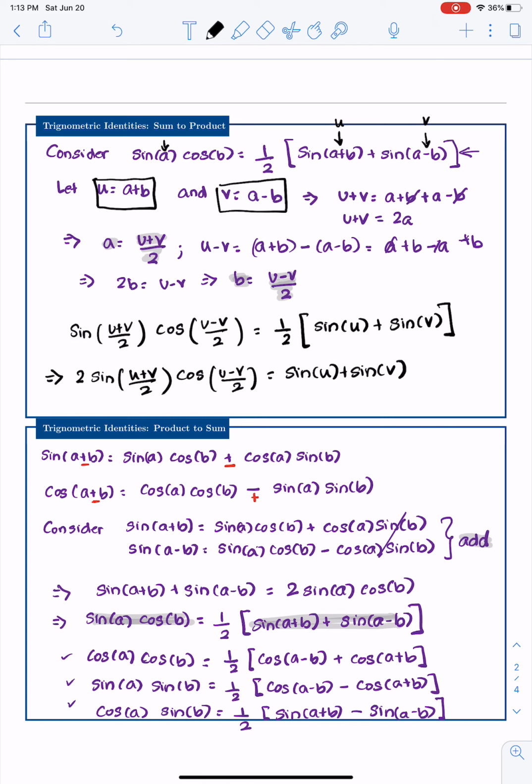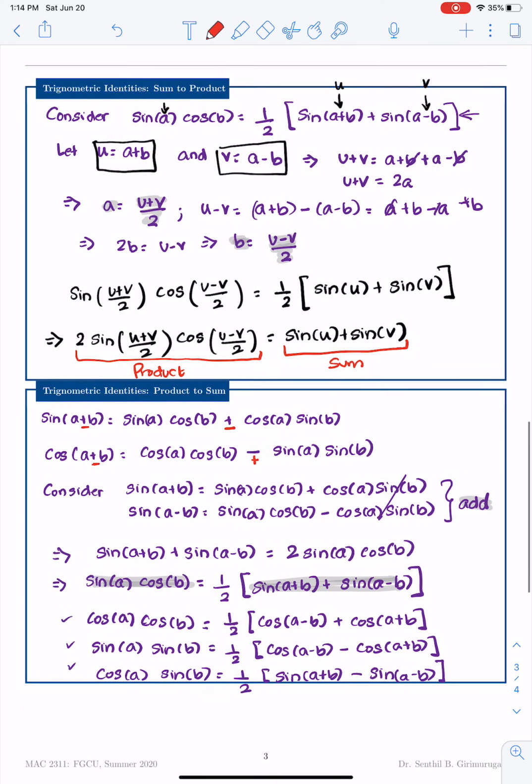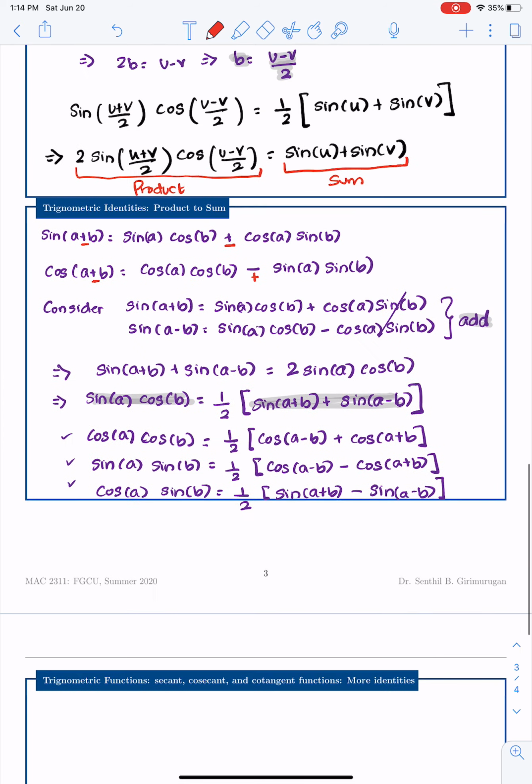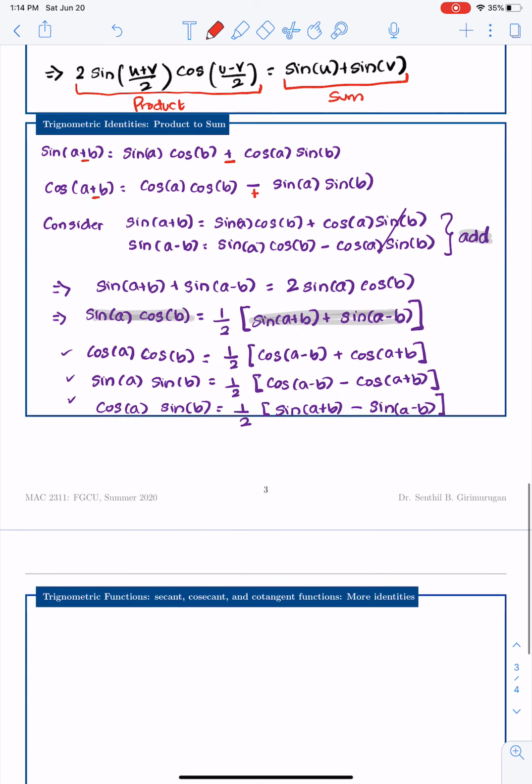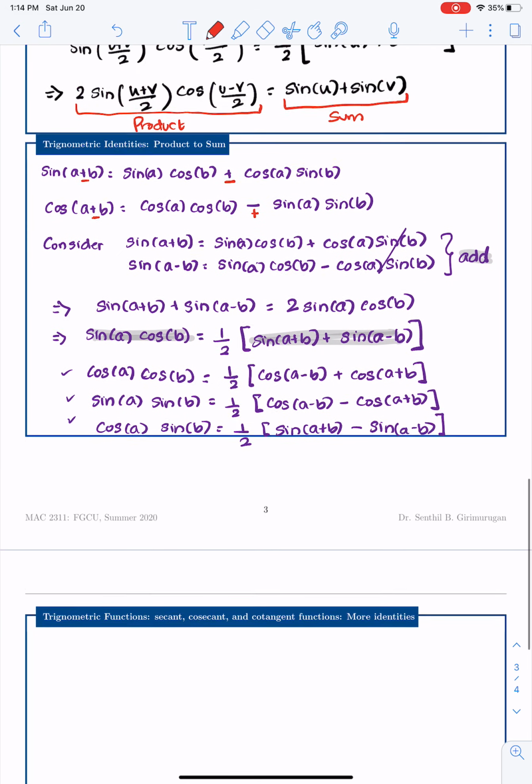So the sum here, that's the sum part, turns into a product. So which is why we call it sum to product, and here we have product to sum. I need to write the other 3 cases, so I will just use the space over here.